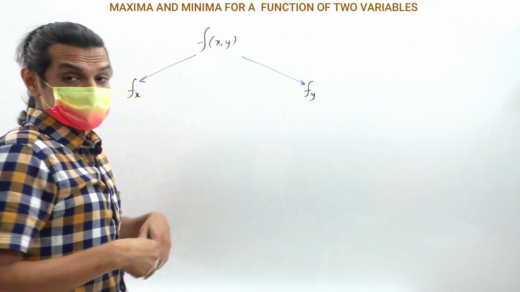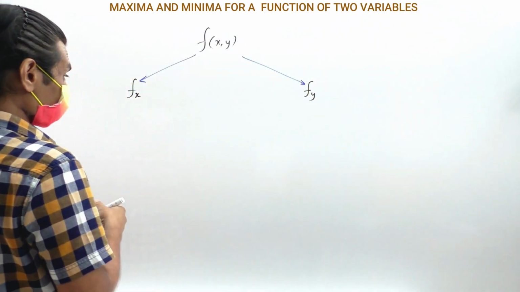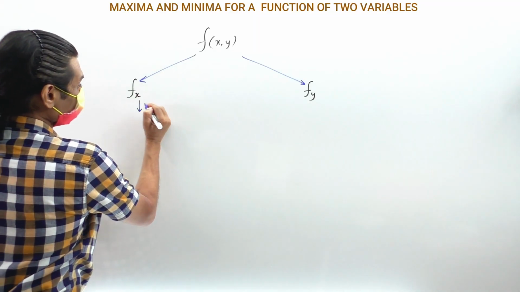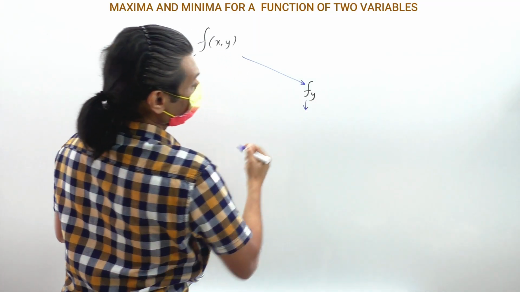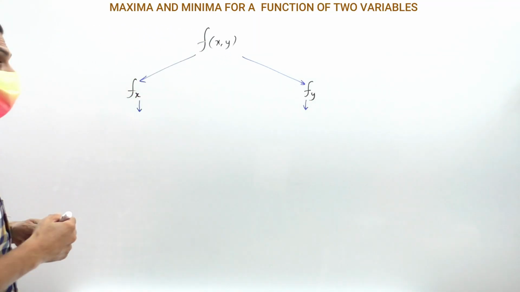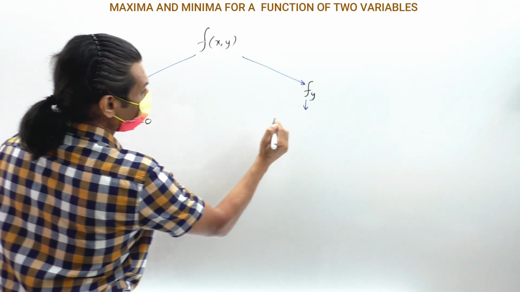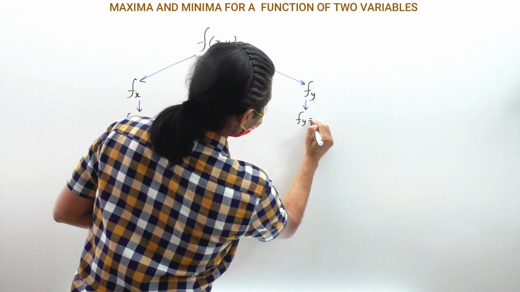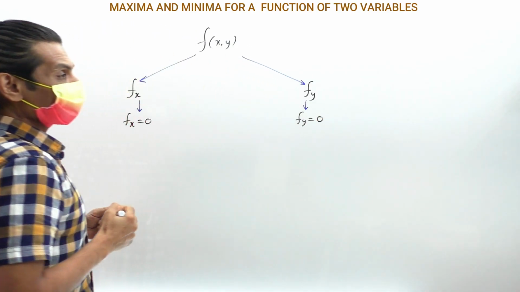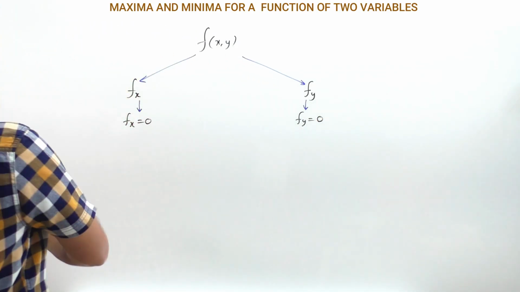Now, the next step is, after finding fx and fy, we equate fx equal to 0 and also fy equal to 0. So, we have two equations here. Why are these equations important?